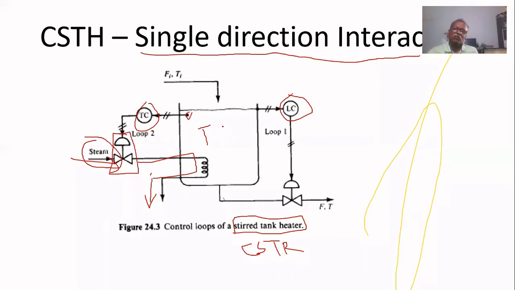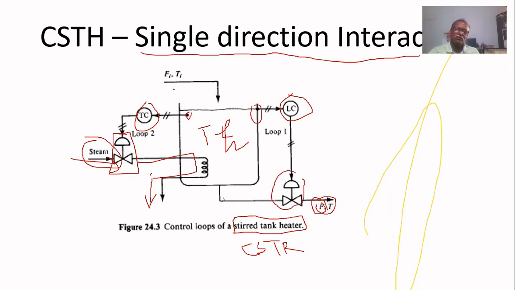Another one is the level controller. The level H has to be controlled. The level transmitter is here and transmits to the level controller. If any deviation in level is there, this level controller will regulate the outflow rate. The outflow rate will be regulated by using this valve.